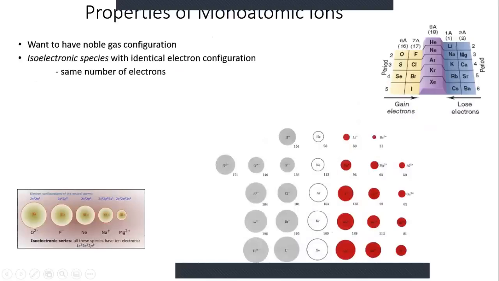One last periodic trend is properties of monoatomic ions, and these are ions that have a noble gas configuration. And what's unique about these ions is that they're isoelectronic species. It means they have the same electron configuration, the same number of electrons. The only difference is the charge of the species.